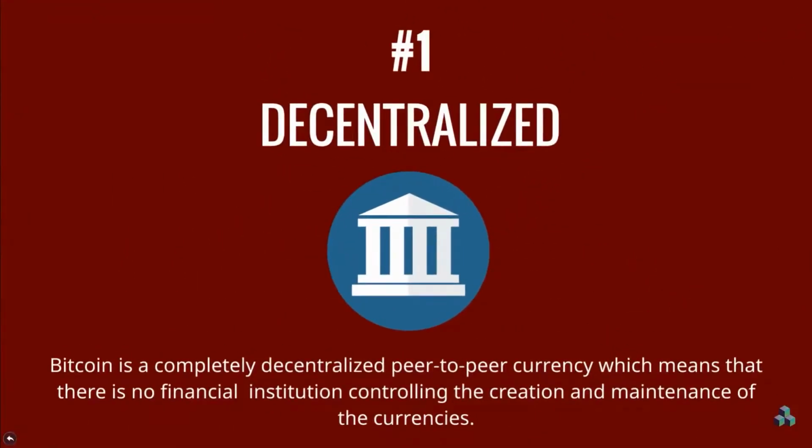The first thing is that it's completely decentralized. So it is a peer-to-peer currency. That means there's no financial institution controlling the creation and maintenance of currencies. This basically means that, like a government prints notes and is responsible for handling and controlling the currency, in terms of Bitcoin there was no single person creating a currency.